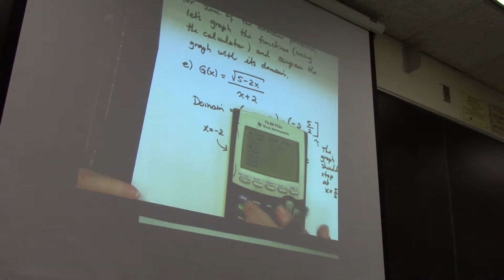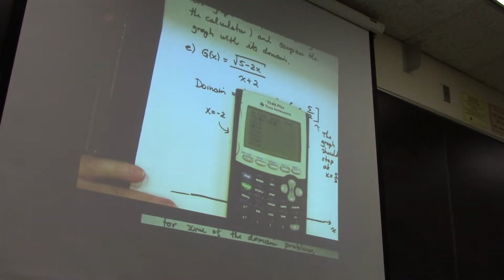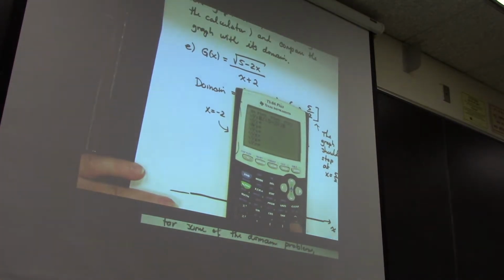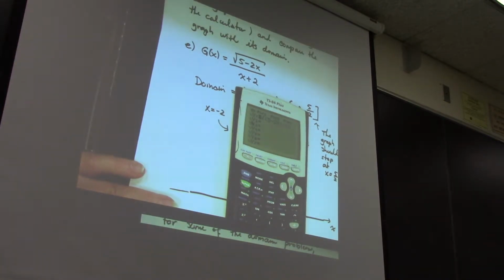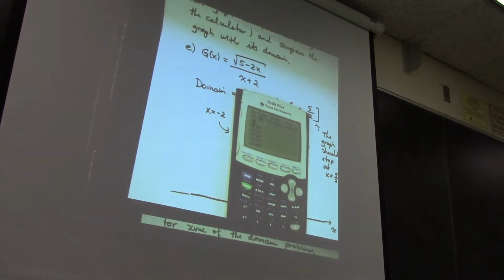Square root of, I don't have a fancy calculator, so I got to do this, 5 minus 2x, and then close off parentheses, divided by, I have to wrap the x plus 2 in parentheses. Okay, I'll start with a zoom 6. Maybe I'll need a different window. Maybe that'll be okay.